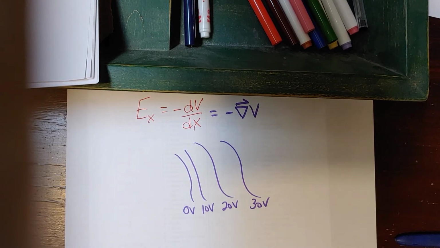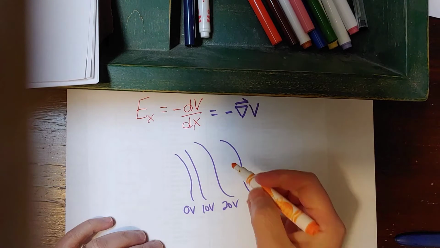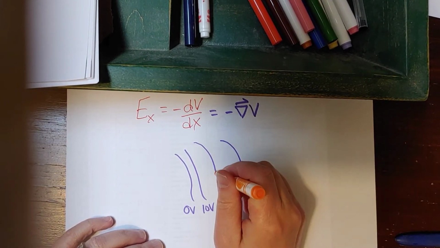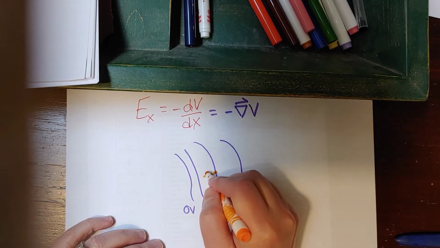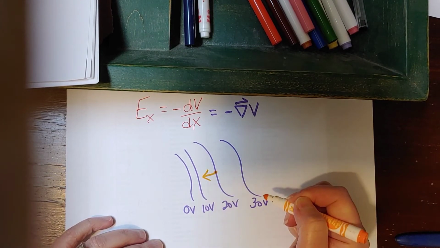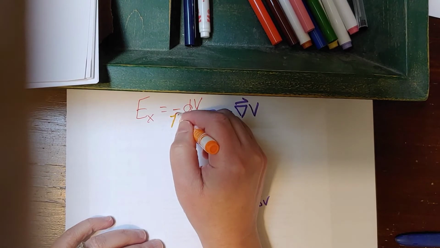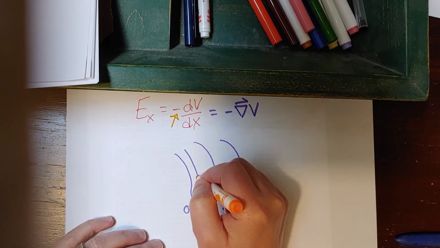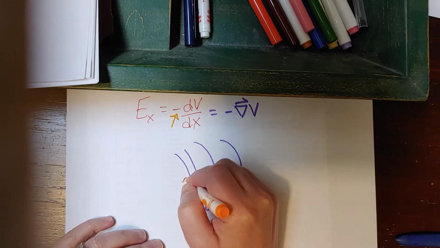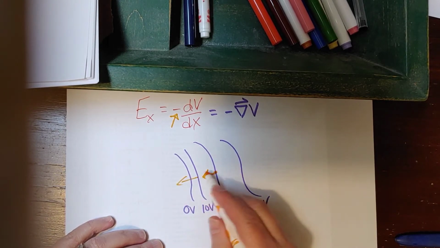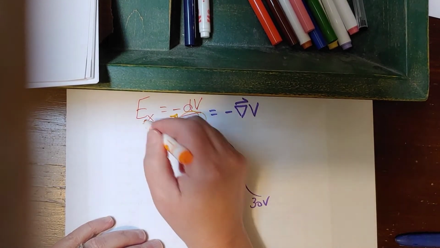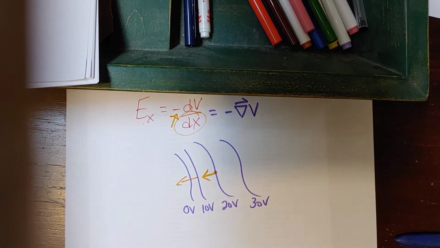Then what that tells you is that our electric field points toward decreasing potential. Okay, that's what that means. And the steeper it changes, and I can't really indicate it with my arrows here, the steeper this change, the greater the magnitude of the electric field.